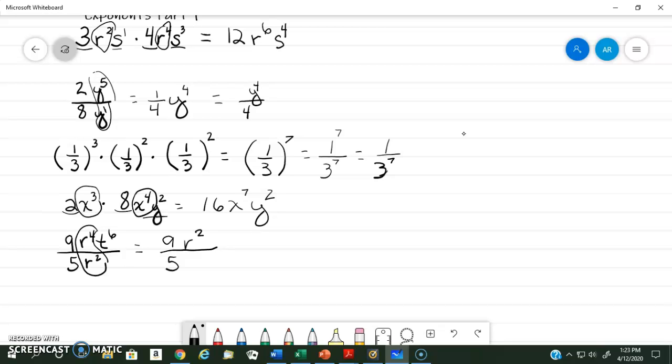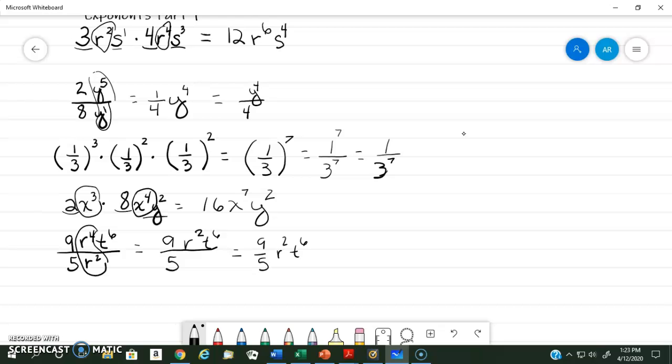And then I'm just going to have t to the 6th. I could write it like that. I could write 9/5 r squared t to the 6th, that works as well. Either of those answers typically is fine depending on what you're looking for.